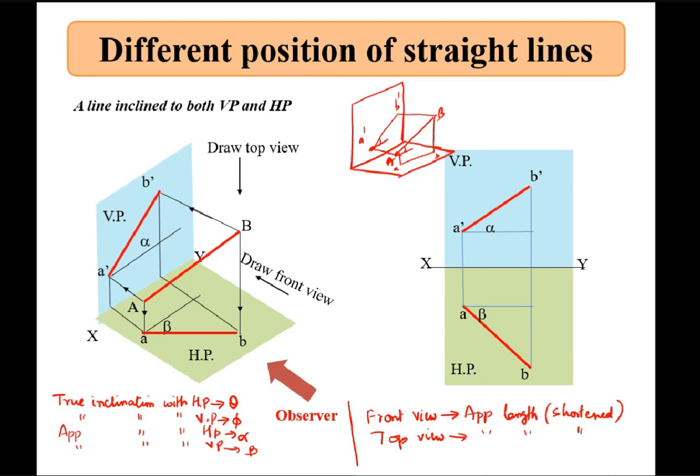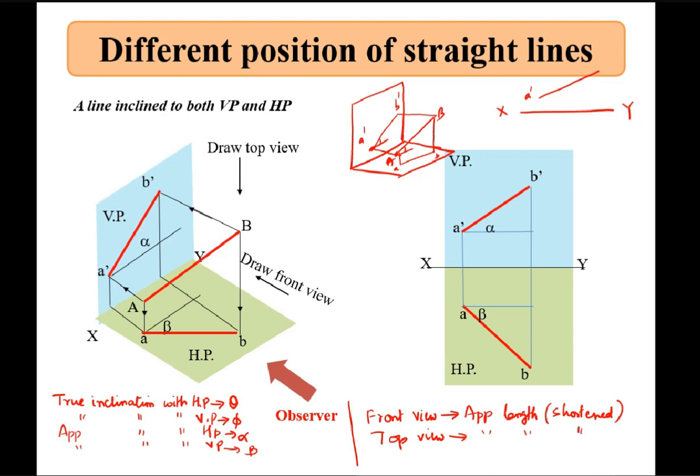Yes, sir. Now if I start moving point B and if I start giving inclination to this straight line with respect to VP, then what will happen? Can you tell me? This is my XY line, okay? This point A dash is fixed. I will keep point B also fixed. I will not change the height of B. The height of point A from HP, I am fixing it.